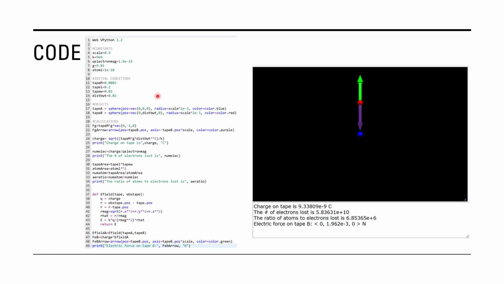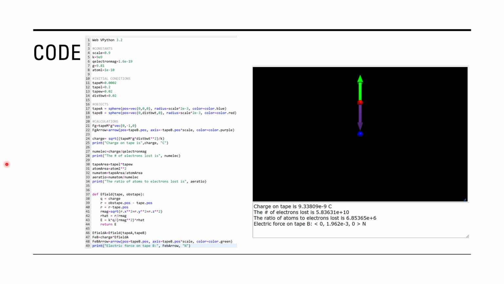So now I modeled this experiment with code in GlowScript and defined the same things that we had on the previous slides, created the objects of each one, as you can see. Tape B is the red one, tape A is the blue one, and then calculated the forces. You can see the forces are equal and opposite, so that's when F net equals 0.